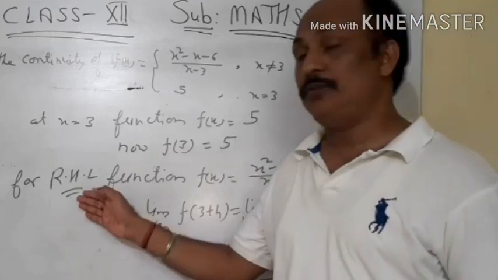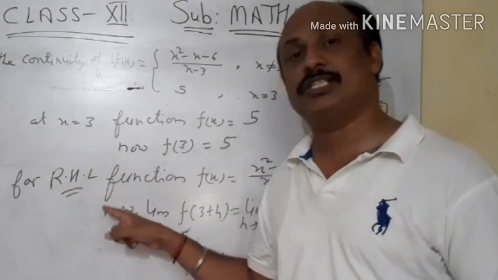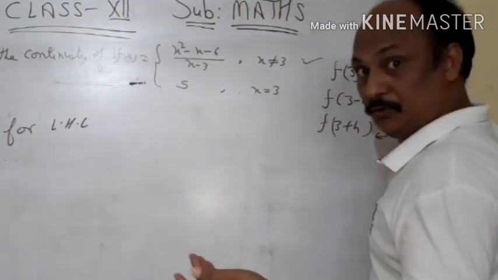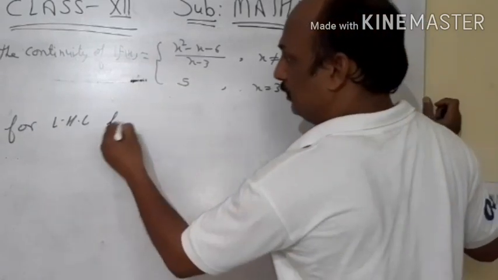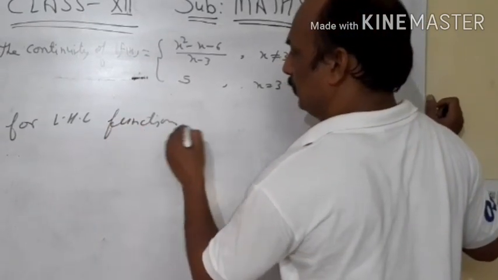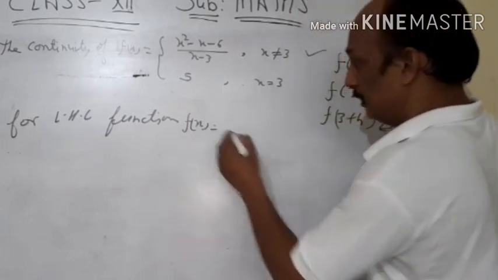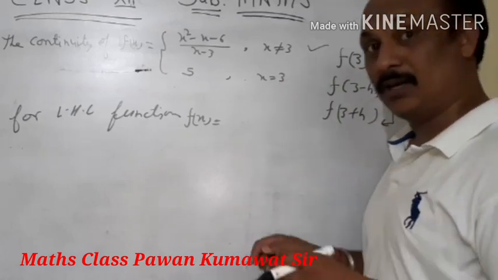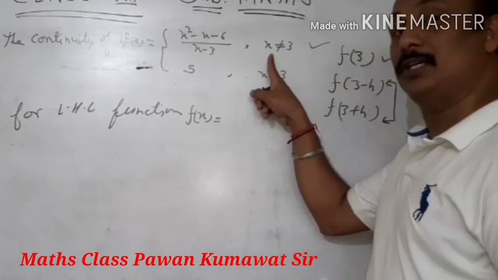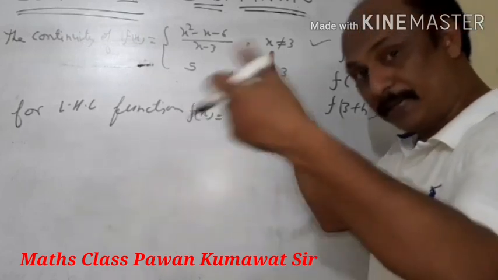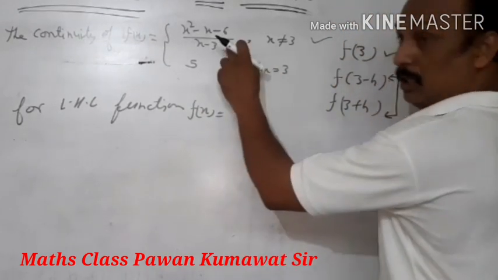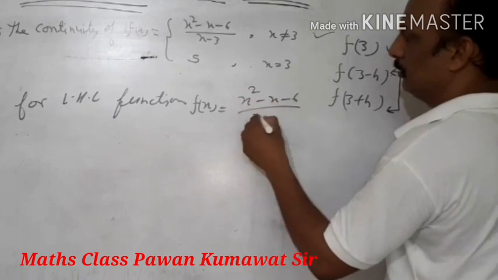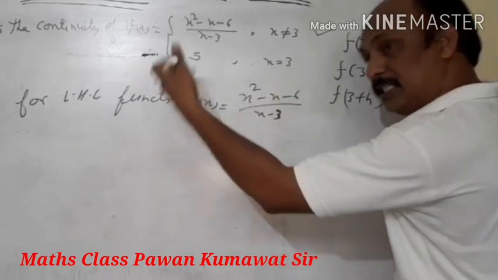Similarly, we can calculate LHL. For LHL, we should select the function f(x). Yes, which condition do we select? Now I told you it is not equal to 3, means it may be less than 3. So we select this condition for LHL also.